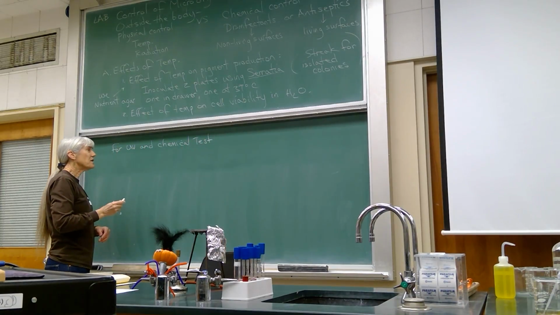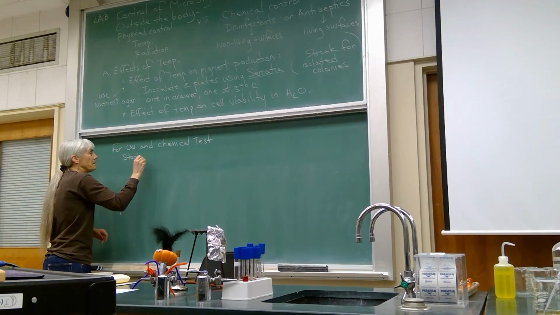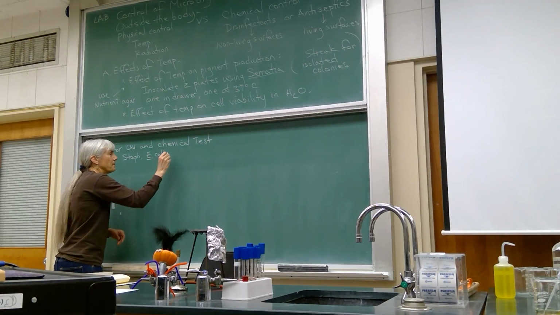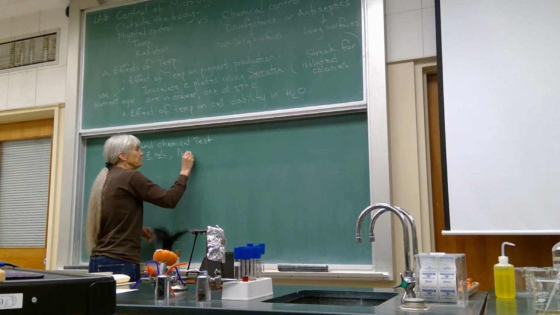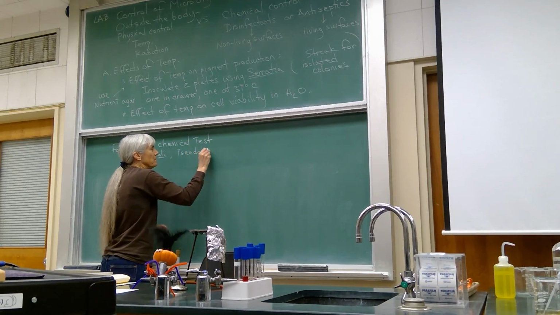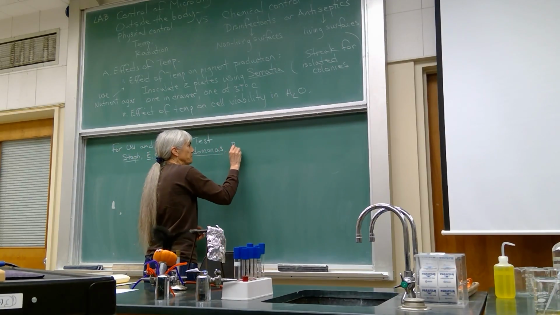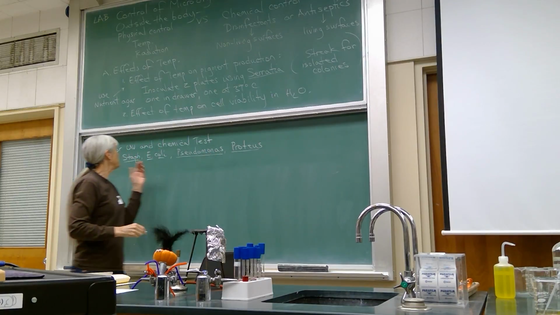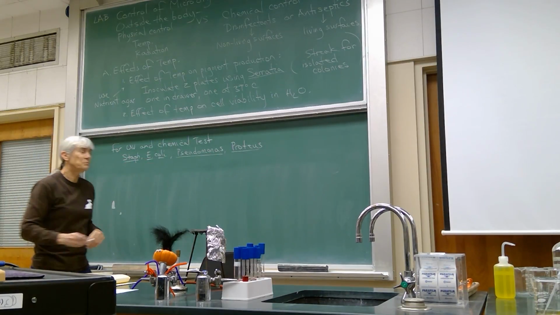For the UV and for the chemical test, if you're using staph, E. coli, Pseudomonas, Proteus. As I said, you're not supposed to use Proteus for the UV, but you can use it for the chemical test. If you're using these guys, put them on TSA.